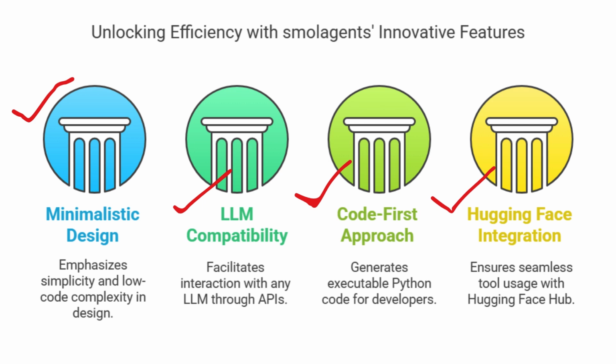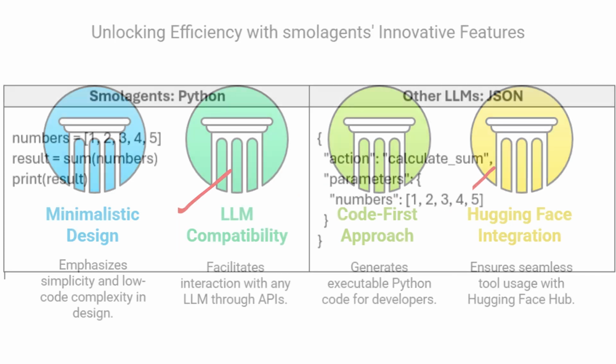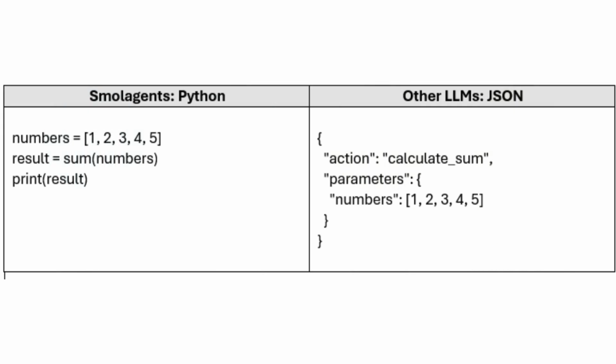Since new tools and models are constantly being added to Hugging Face, Smolagents users can access cutting-edge AI capabilities with minimal effort. These advantages make Smolagents an excellent choice for developers who want to quickly build, test, and deploy AI agents without unnecessary complexity. Let's now understand how Smolagents executes actions directly in code.